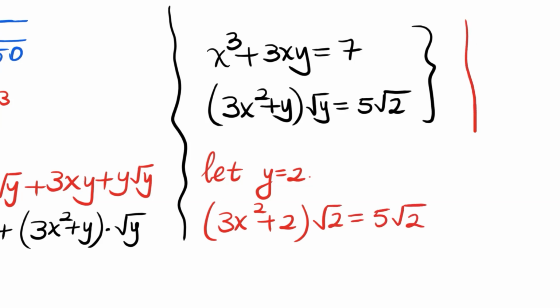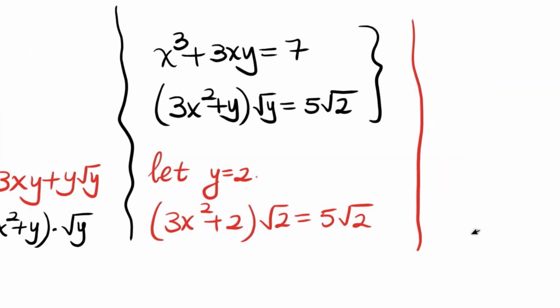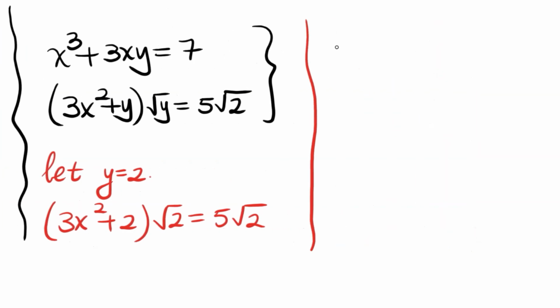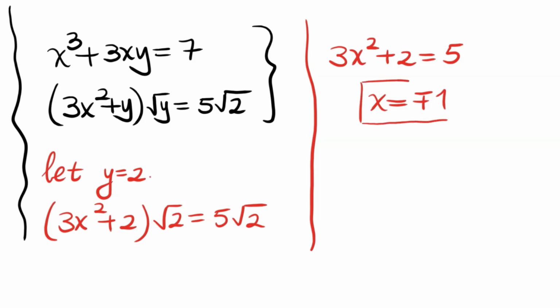Cancelling root 2's, we will have 3x squared plus 2 is equal to 5. Then 3x squared is equal to 3, x squared is equal to 1, and x is equal to plus minus 1.